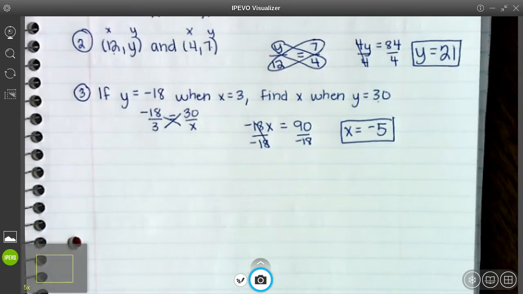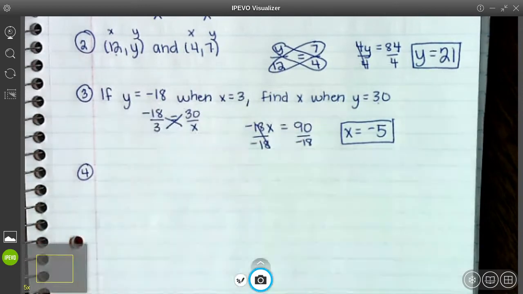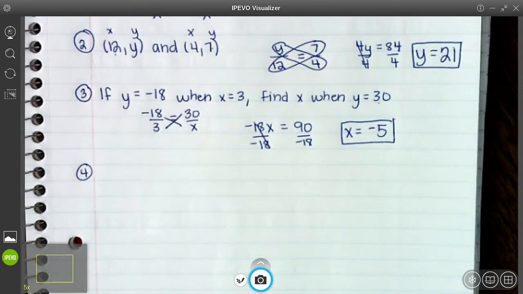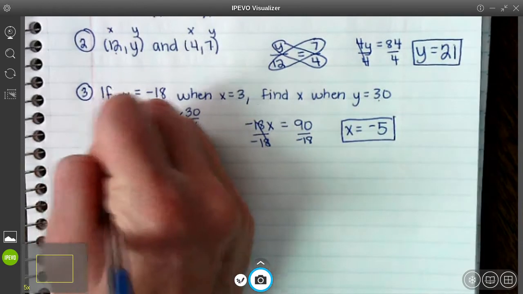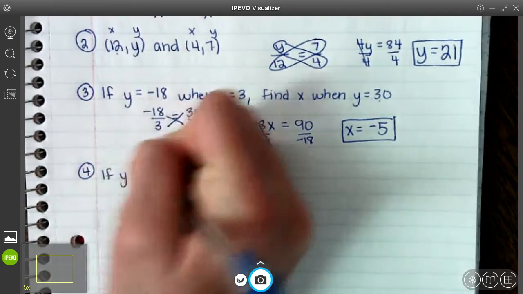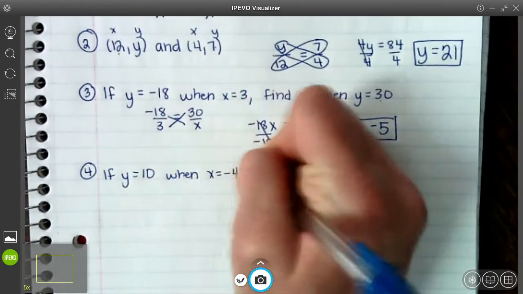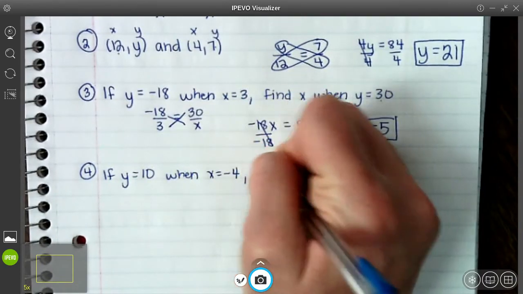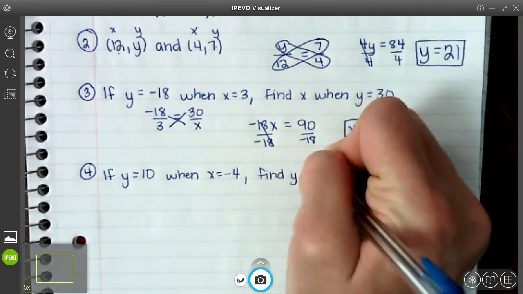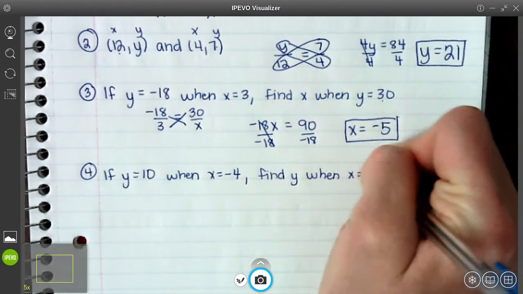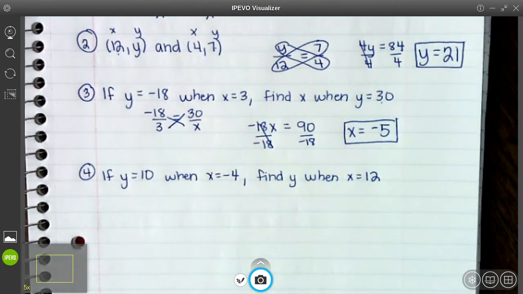Are y'all doing okay on this? It's pretty easy. Are you wondering, like, when is it going to get harder? That's all it is. Or number 4 says if y equals 10 when x equals negative 4, find y when x equals 12. All right, so I want you to try to set the two fractions up on this one. So y over x. For direct variation, you always do y over x.